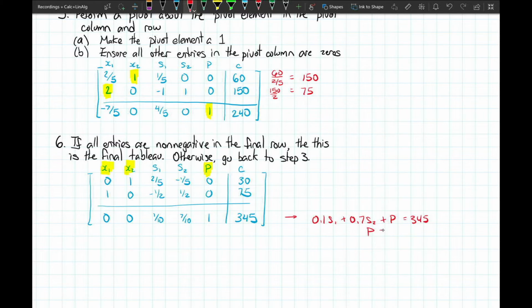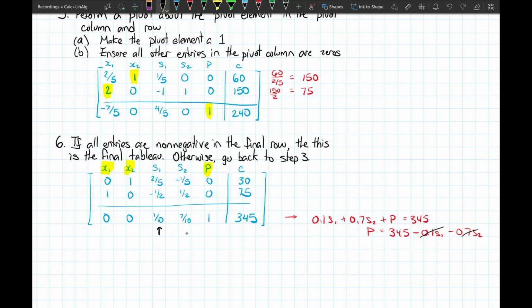P is trying to be as big as possible, and right now it's 345 minus the values of 0.1 S1 and 0.7 S2. And a maximum solution here is going to be when S1 and S2 are both equal to 0, 345.